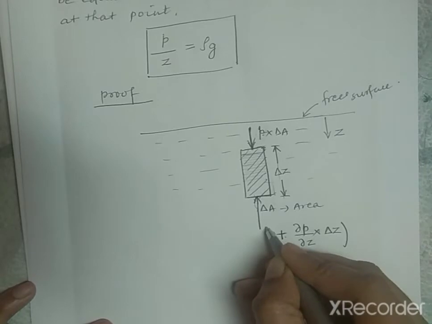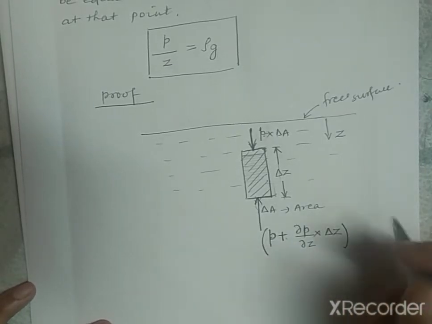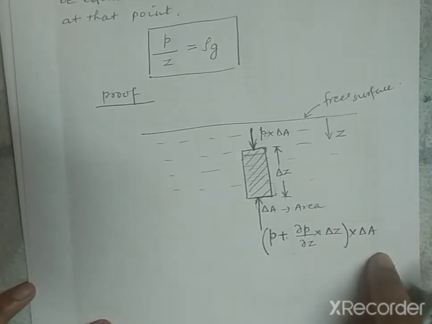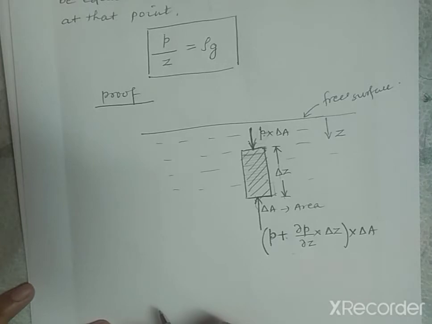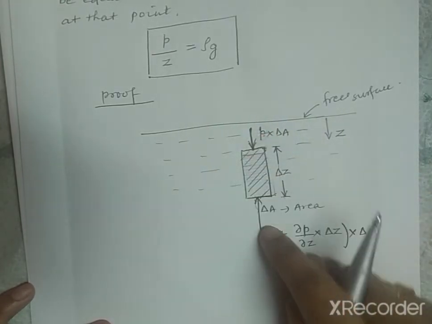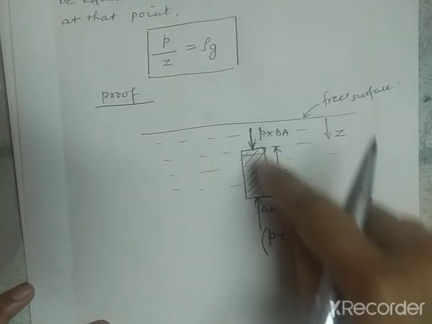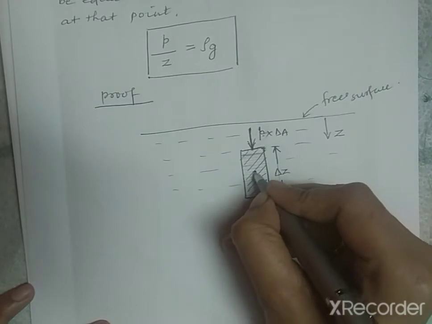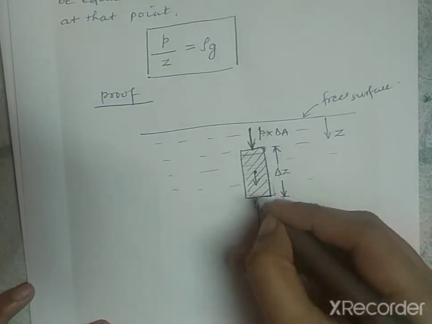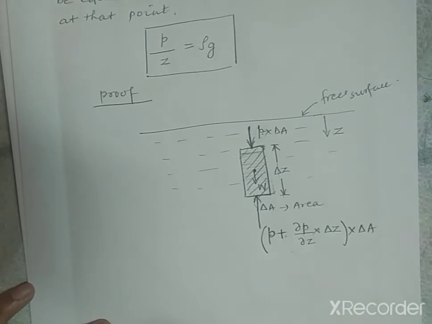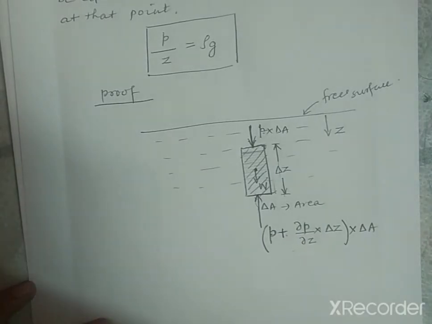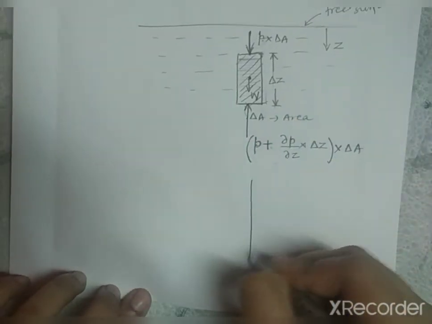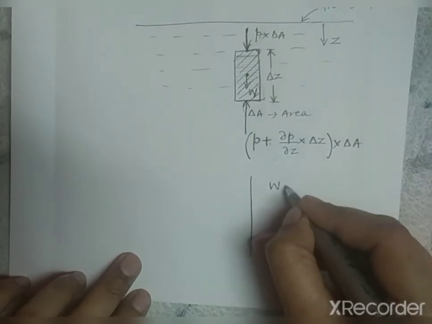This pressure intensity into delta A gives the pressure force. Along with these two pressure forces, there is one more thing to draw in the free body diagram, that is the weight of this fluid element, let that be capital W. How to find W?